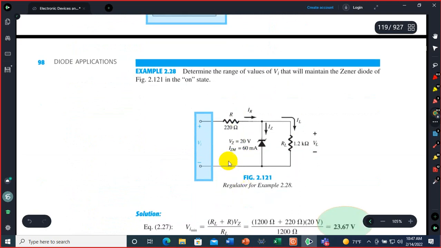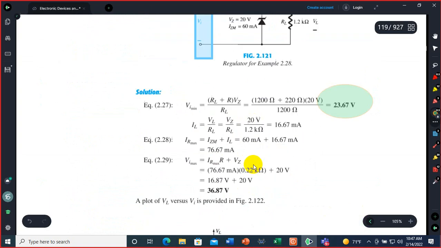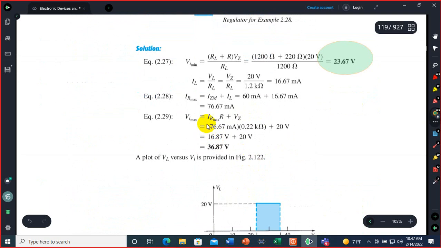This maximum value plus IL gives the maximum current IR. So IR max equals 60 milliampere plus 16.67 milliampere, the load current. 76.67 milliampere is the maximum current that can be allowed through the resistance R.